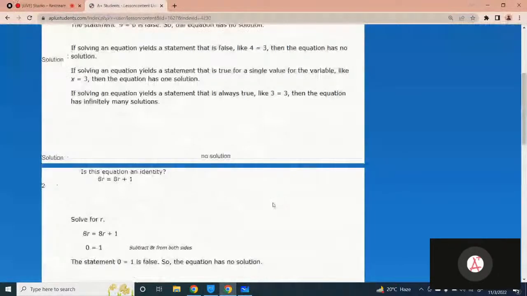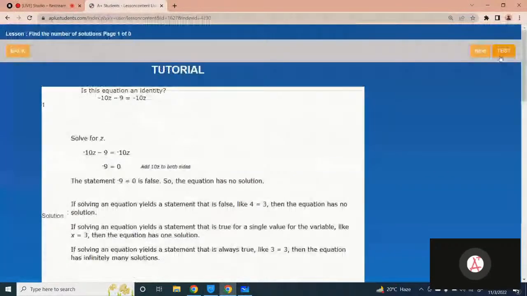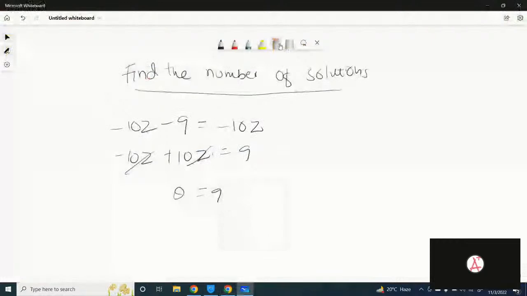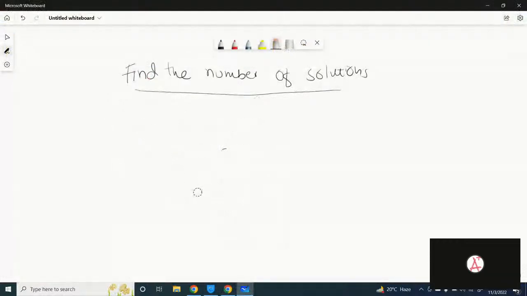Okay, let's start with test practice questions. Okay, the first one is 1 plus 7w equals 7w. So let me read it on board. 1 plus 7w equals 7w.